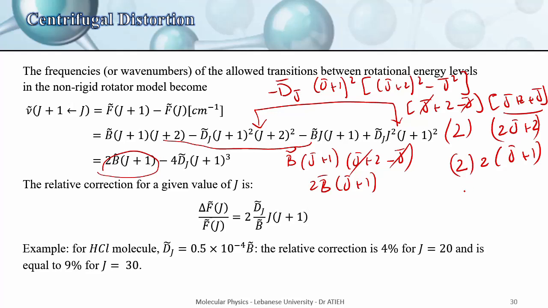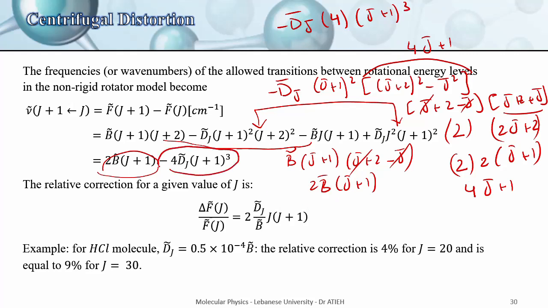At the end, we arrive at 4(J+1). So we end up with minus D_J times 4 (J+1) cubed, and you can see it's the same as here: minus 4 D_J (J+1) cubed.